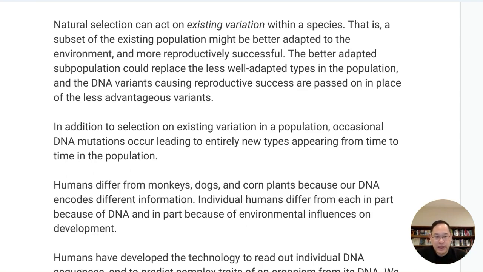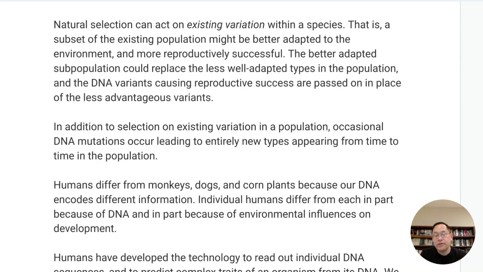And so this is an example of natural selection acting on existing variation and producing lots of different types of birds, but with a particular directionality where, okay, in this environment, birds with long beaks are favored. Over time, you get mostly long-beaked birds.